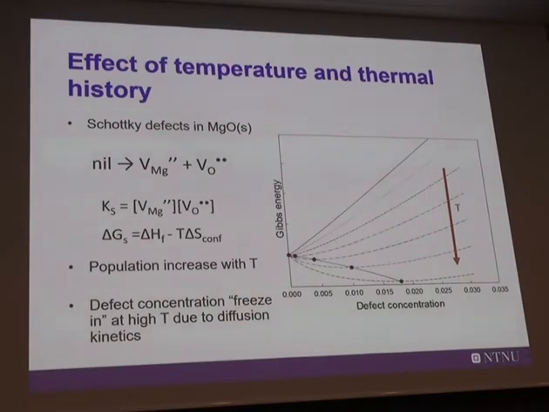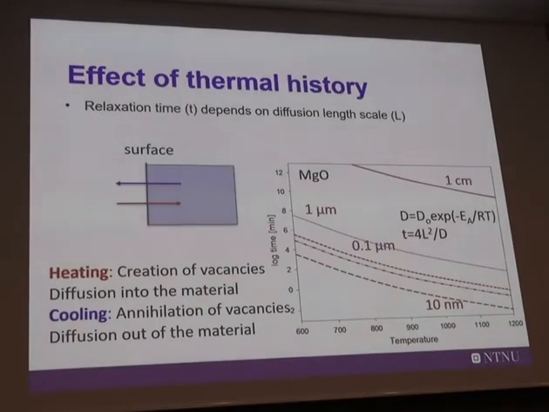So if you look at this specific phenomenon, we can illustrate that by having a grain or a ceramic sample or even a single crystal with a surface. What's happening during heating is the creation of vacancies, and the vacancies have to diffuse from the surface into the interior of the material. So that's why it is a diffusion-controlled process.